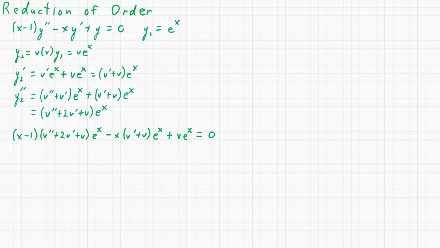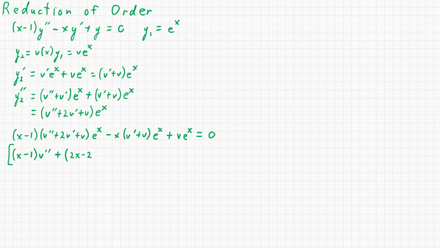Now let's try and group it by different derivatives of v. So we're going to have an x minus 1 times v double prime. Now I'm going to put the e to the x on the end of everything. Then plus, for all the v prime terms, I have 2 times x minus 1, so that's 2x minus 2.